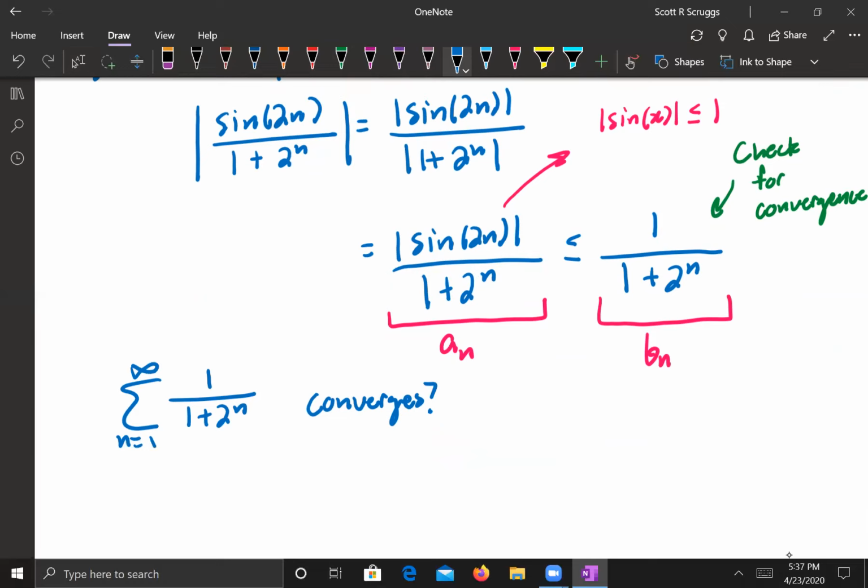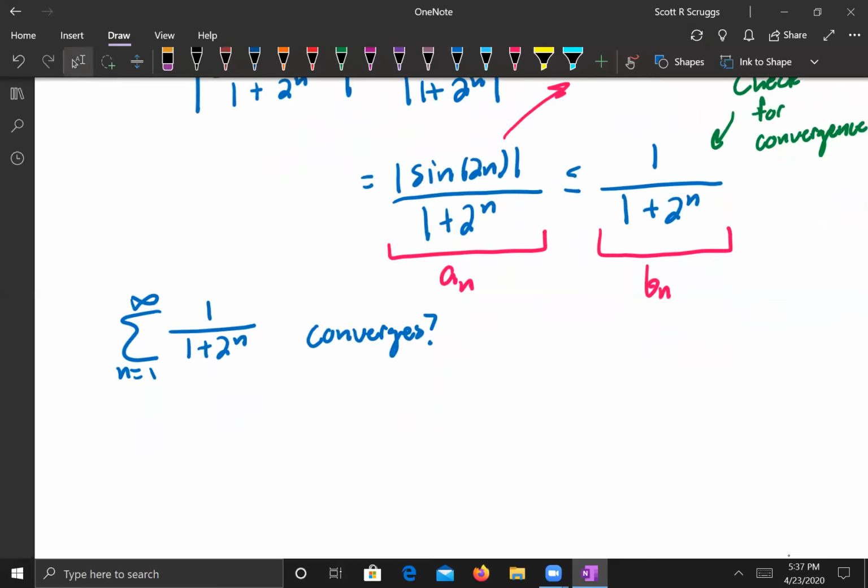And so let's double check that. So here, what test would I want to use to check if the series with the terms 1 over 1 plus 2 to the nth power converges? Ratio will actually be a little bit difficult because I have 1 plus 2 to the nth power.